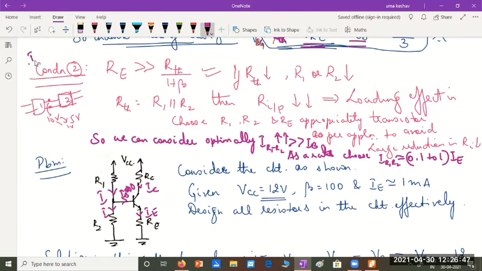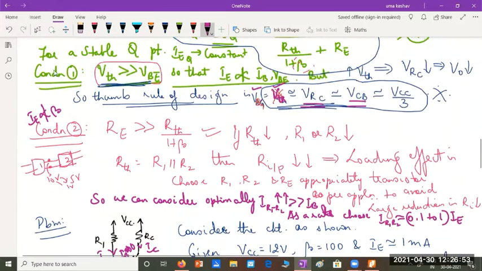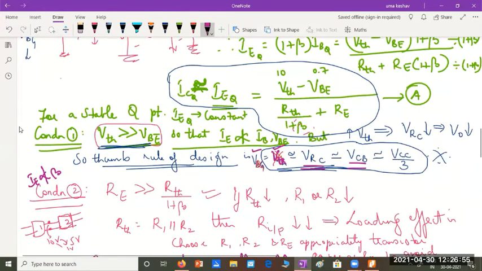So for condition 2, IE should become independent. It should not depend on beta. And for condition 1, we want the emitter current to be independent of VBE and IB. Generally, VBE mainly. Okay, from this equation, we are considering both the conditions.